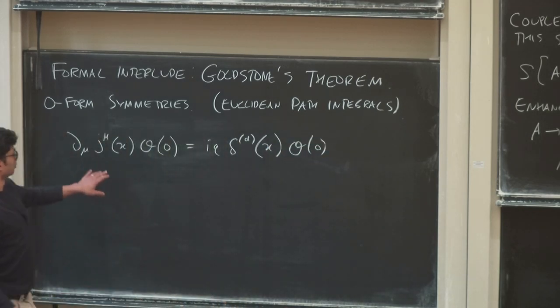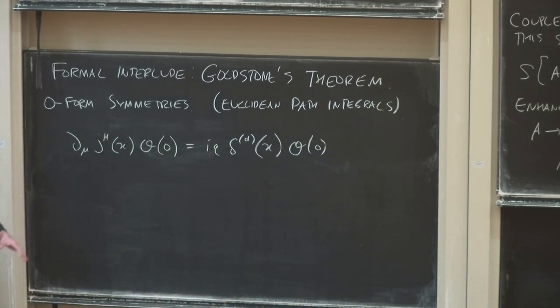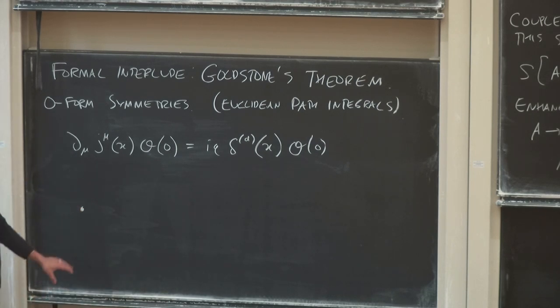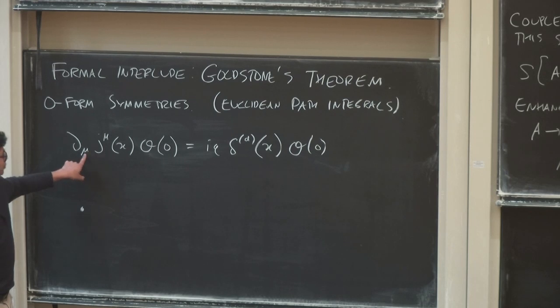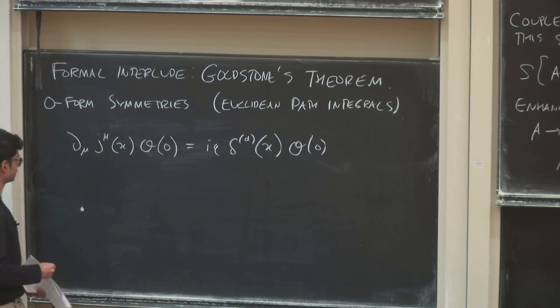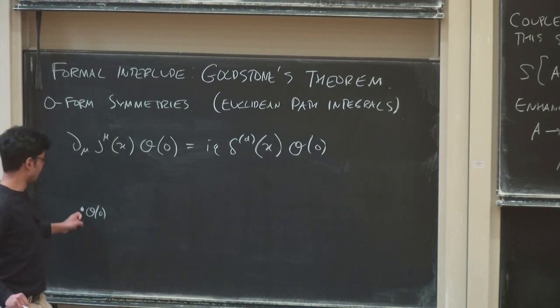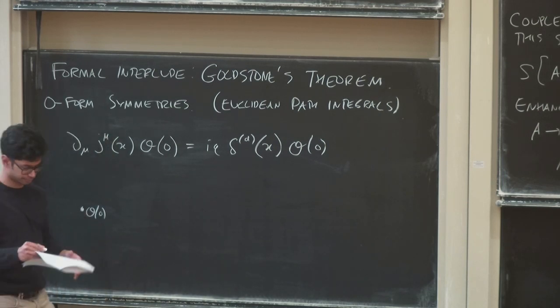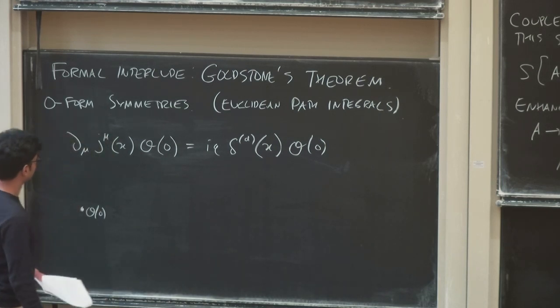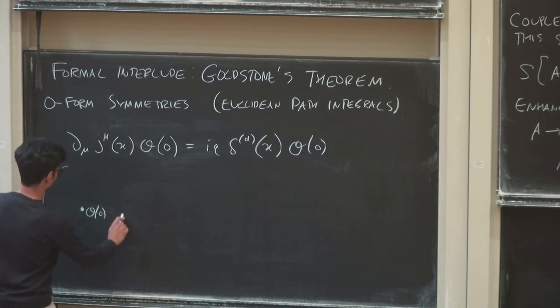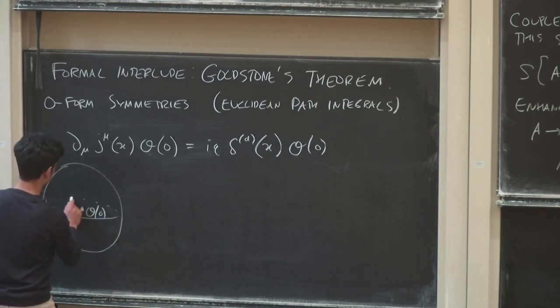We're back in normal symmetry language, so I've placed a local operator at a point. I'm computing the divergence of J in the presence of that local operator, O of 0, and the Ward identity says that there's a delta function at the origin.